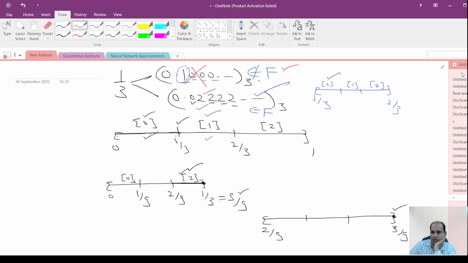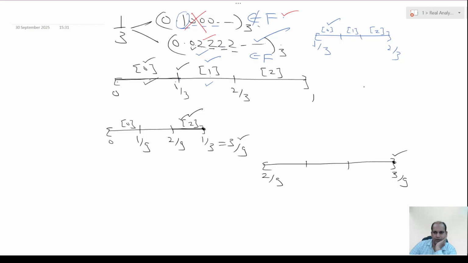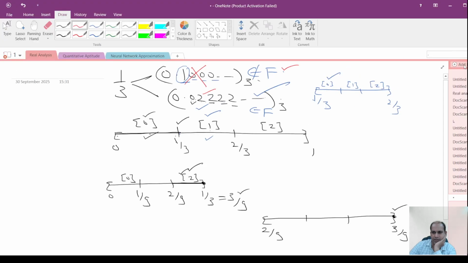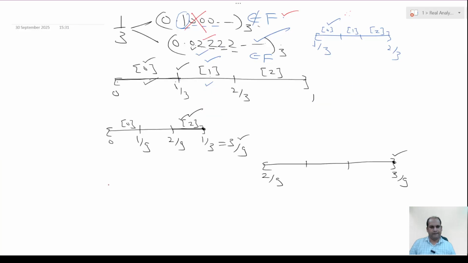Similarly, we have more examples here. Let us see some other examples to identify whether a number is a member of the Cantor set or not. Similarly, 11 by 12 has Cantor representation as 0.220220 and so on.